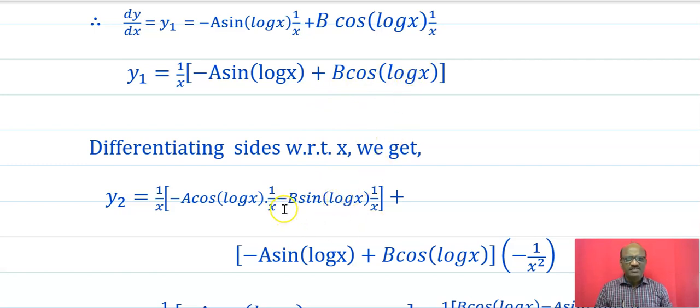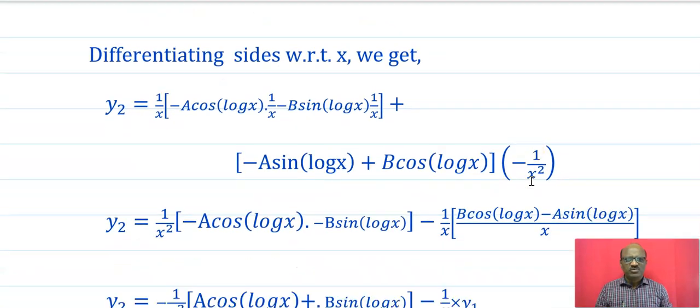And therefore, here the term is written as minus b sin log x in bracket 1 upon x bracket complete. Plus, now keep this term as it is, which is minus a sin log x plus b cos log x, into d/dx of 1 upon x, which is minus 1 upon x square.